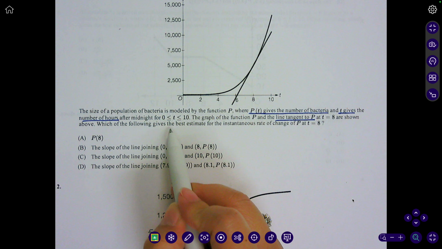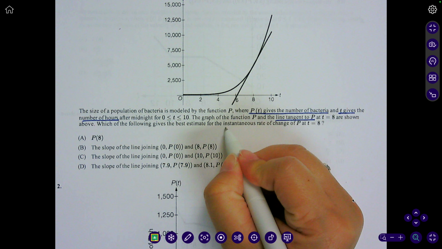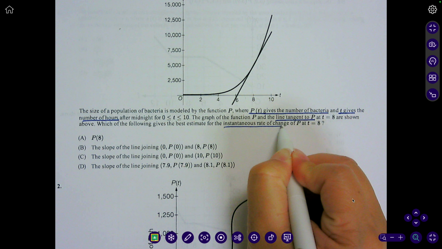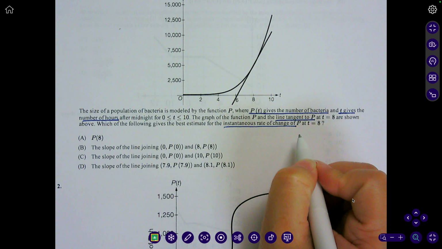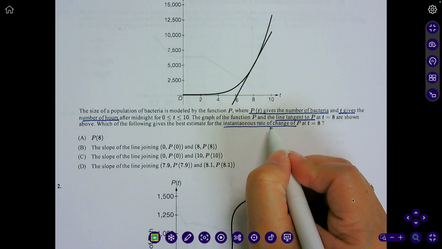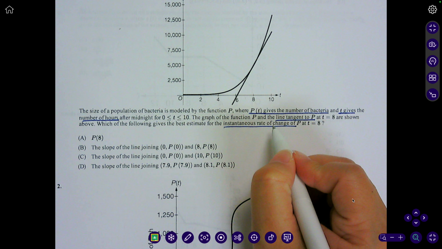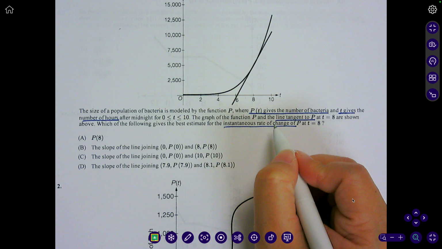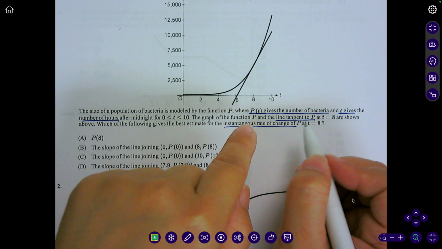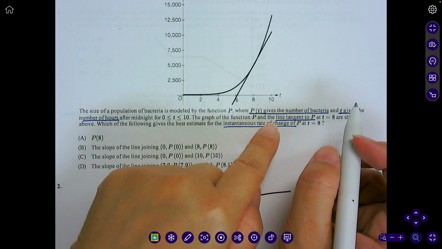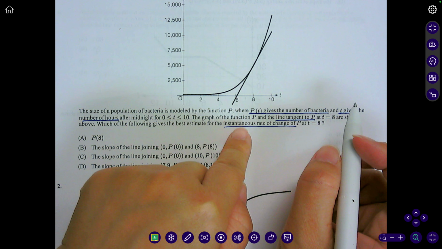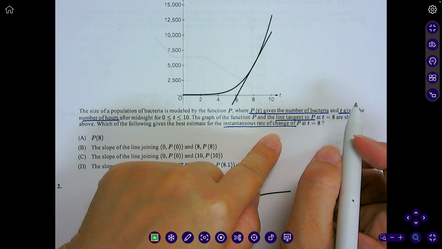Which of the following gives the best estimate for the instantaneous rate of change of P at 8? So rate of change we know is the slope. Instantaneous means the slope at that particular point, at that particular value in time. Is that good? Now, I want you to associate slope, rate of change, instantaneous rate of change, and line tangent together.